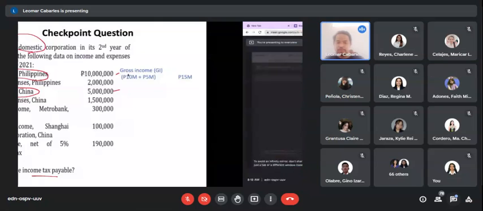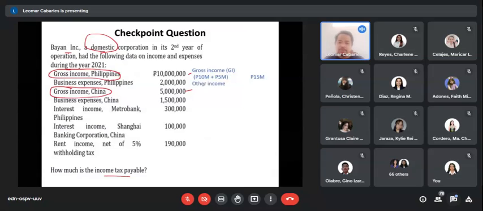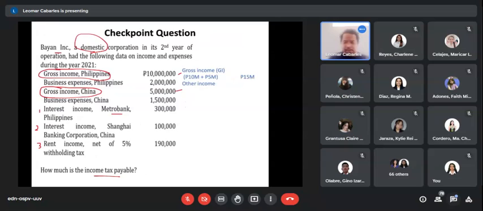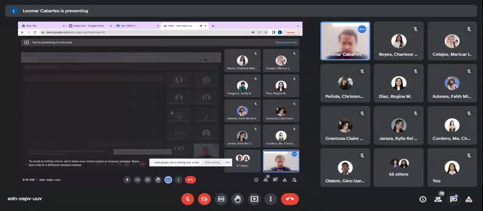Therefore, from the gross income, you have to deduct pa the other expenses. No? But let's include muna the other income. Yung mga income pa dito ay number 1, ito, number 2, number 3. Yan. So, sino isasama mo sa other income? Interest income is a passive income. And this one is from Metrobank. Is this part of your other income pa na subject to regular corporate income tax?